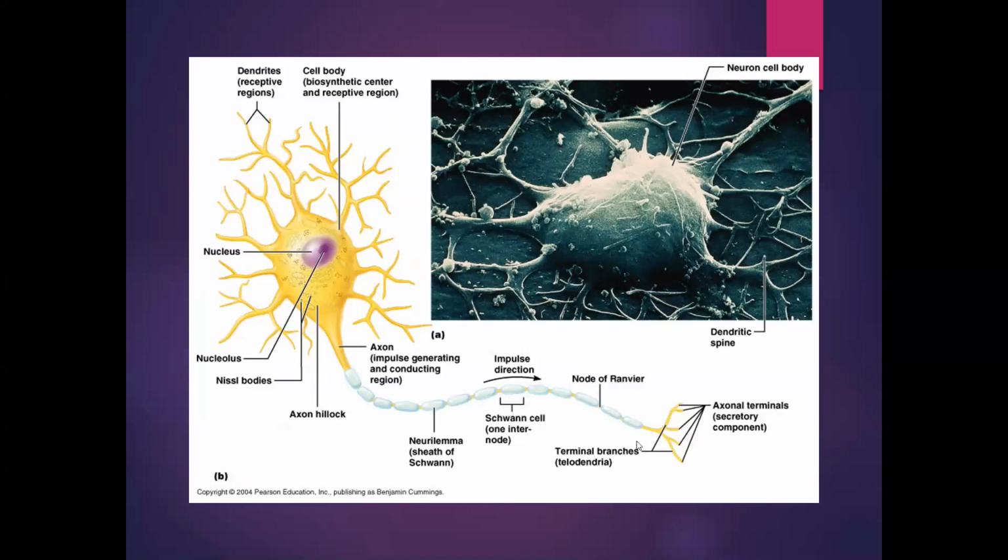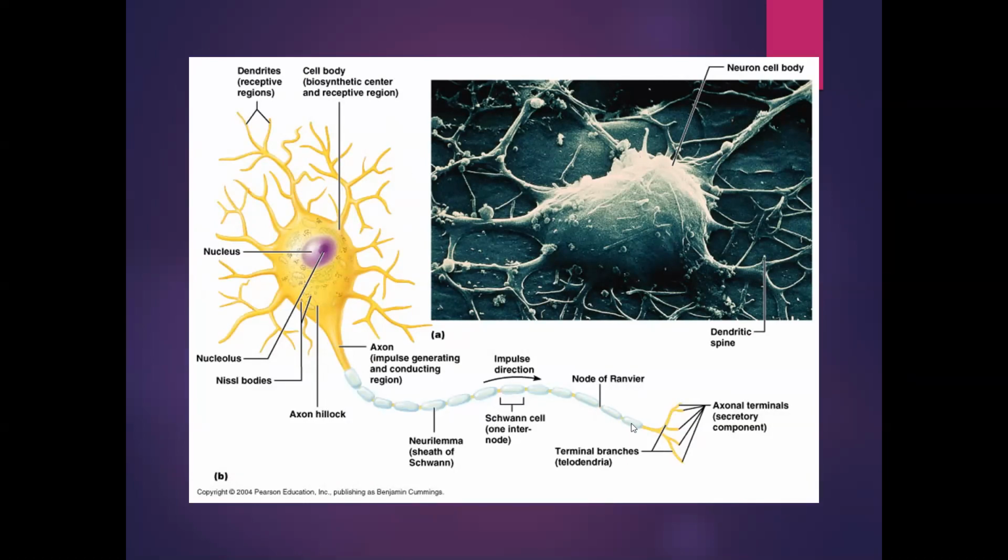Now, some neurons that we have in our central nervous system do not have these little bubbles around them. Specifically in the cerebral cortex and in the gray matter of the spinal cord, we don't have these little bubble things.